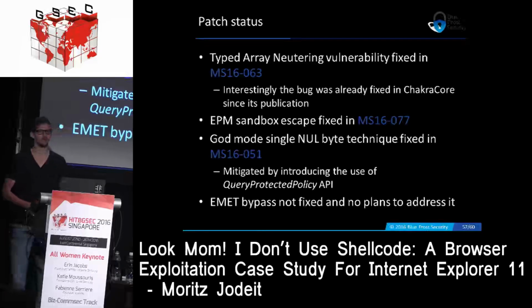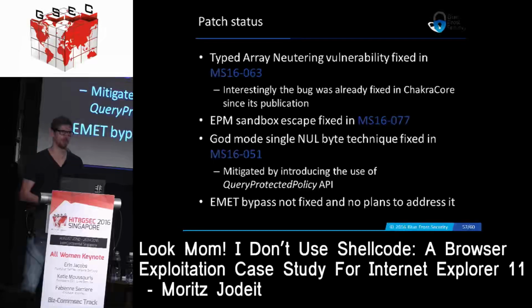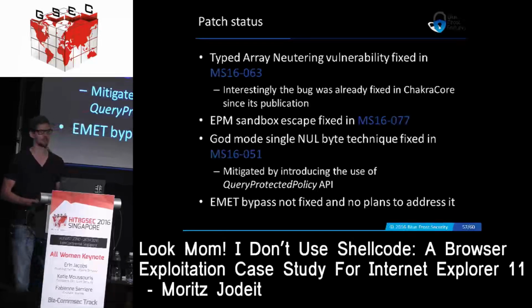The God mode single null byte technique was fixed in MS16051. And interestingly, instead of reintroducing this hashing mechanism, what they do now is they use the query protected policy API function, which is used for exactly this purpose, so trying to prevent people from modifying certain data, which is considered to be important.